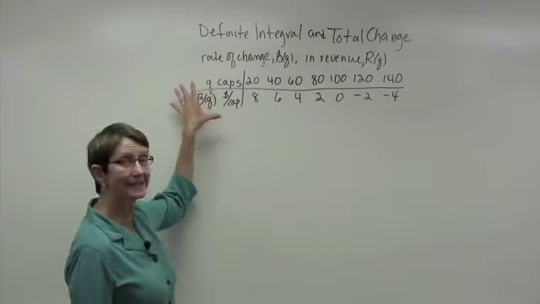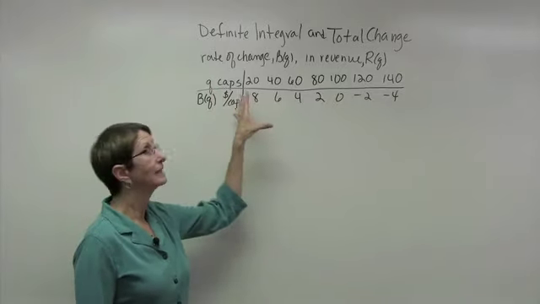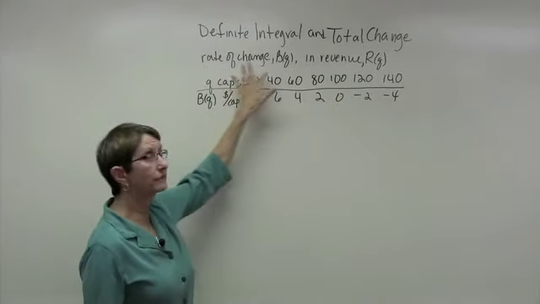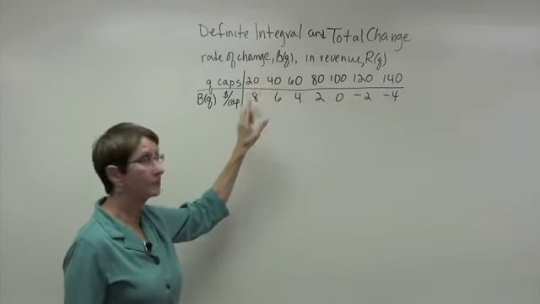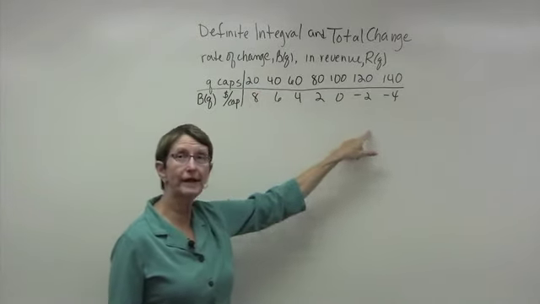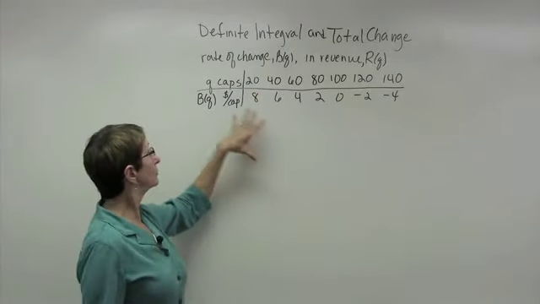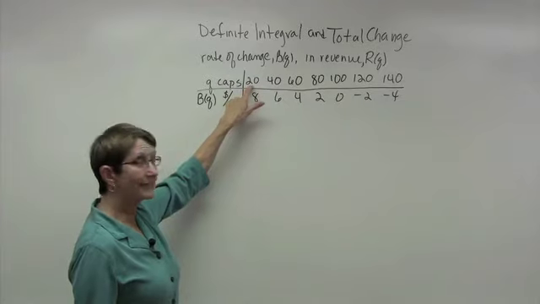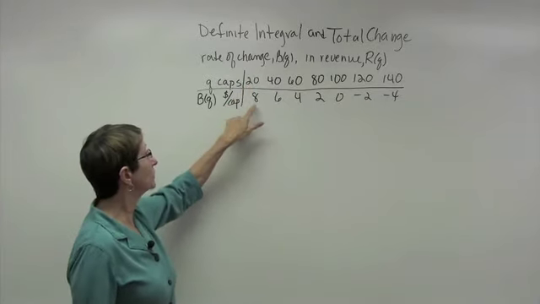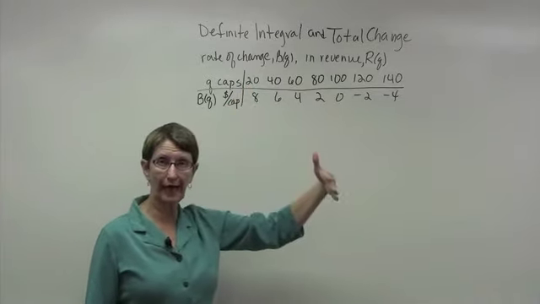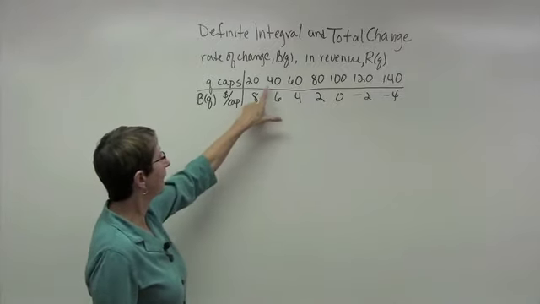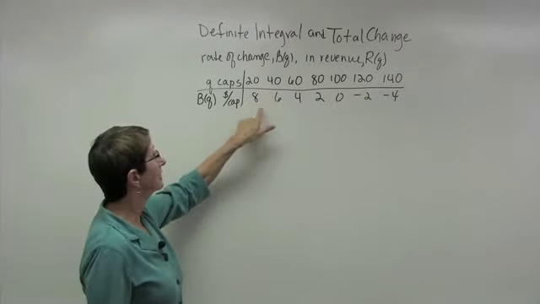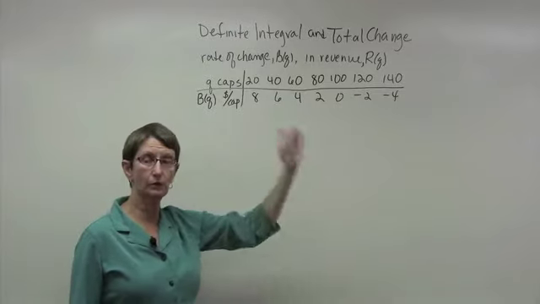Now up here we have the table from our problem where we're given the rate of change function in terms of numbers. It's the rate of change of revenue. So when 20 caps are sold, the change in revenue is $8 per cap. By the time 40 are sold, the change in revenue is only $6 per cap.